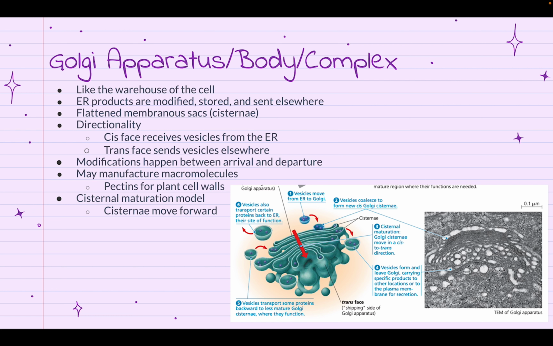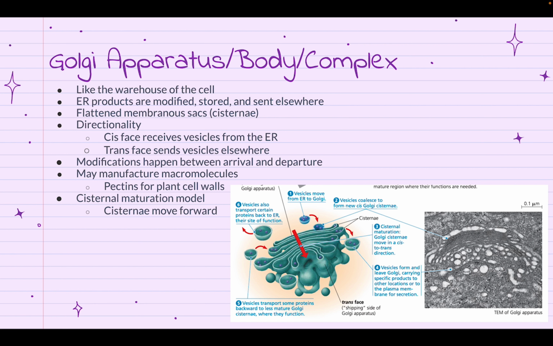Now here's the Golgi apparatus, body, or complex. There are different ways you can say it, and they're all correct. It's like the warehouse of the cell, like UPS. The products from the ER get delivered to the Golgi apparatus, and here they're modified, stored, and sent elsewhere. So you do some packaging and then you send it somewhere else, right? It's made of flattened membranous sacs called cisternae, if you remember those.